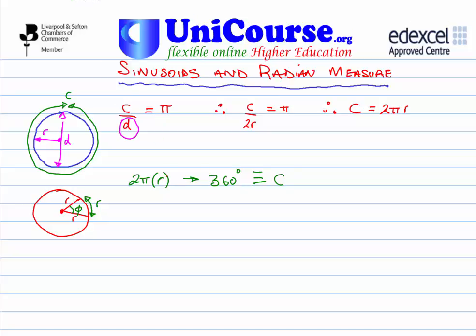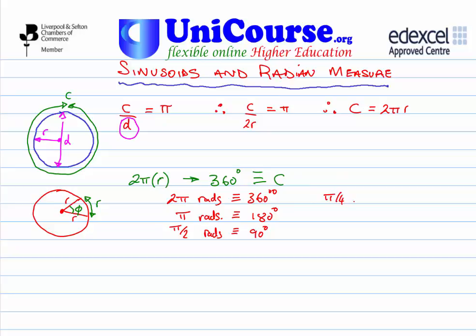And by the same token, let's do this in summary, 2 pi radians, or 2 pi times r if you like. Again, just summarizing what we've written above, 360 divided by 2, so we have pi radians is equivalent to 180 degrees. We can say divide by 2 again, pi by 2 radians is equivalent to 90 degrees.